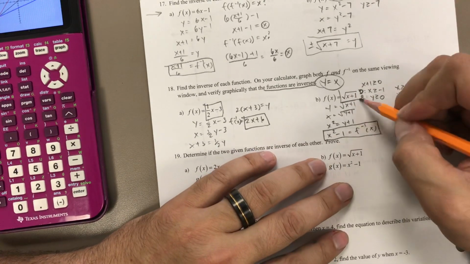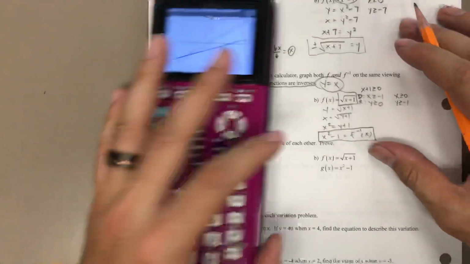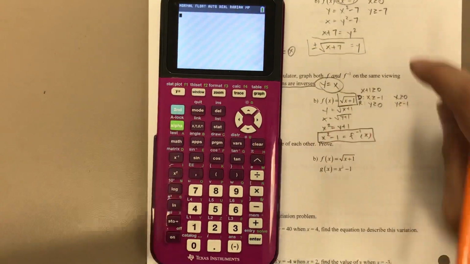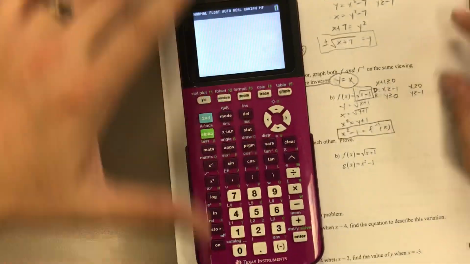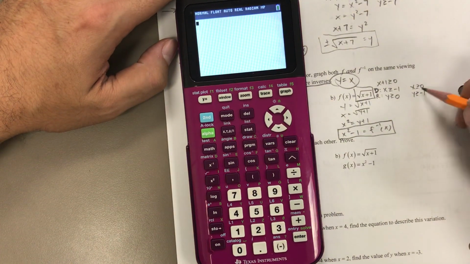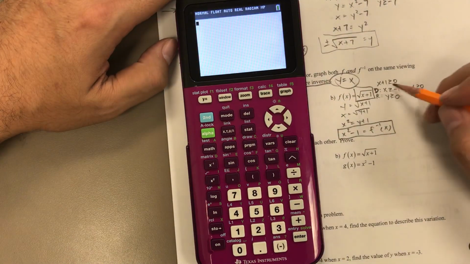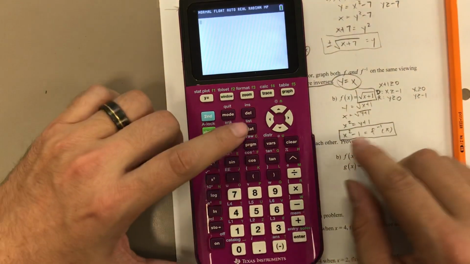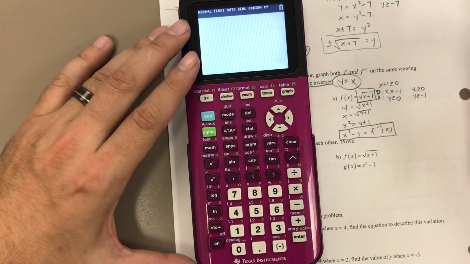Okay, so now I'm going to graph out the inverse and the original function and y equals x and see how that looks. When I graph this second one out, I'm going to show you another trick where you can graph it so that it's just a part of the graph as well. No, never mind. We'll look at that a little bit later. Let's just graph it out.